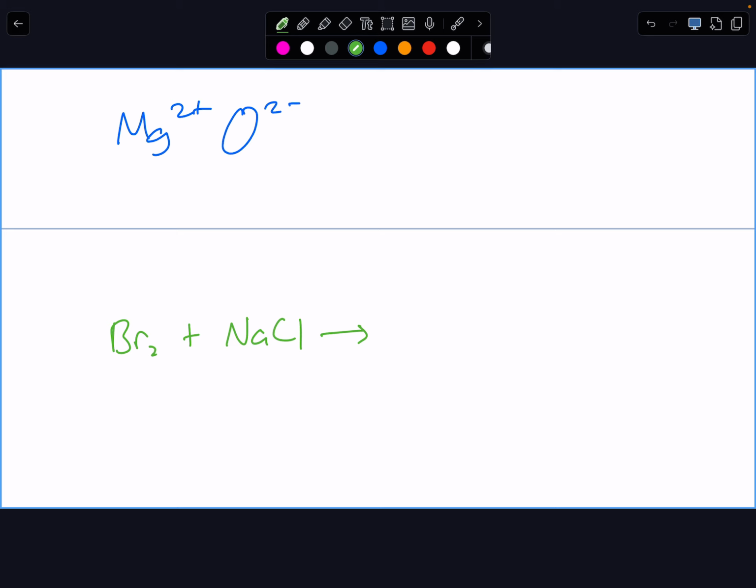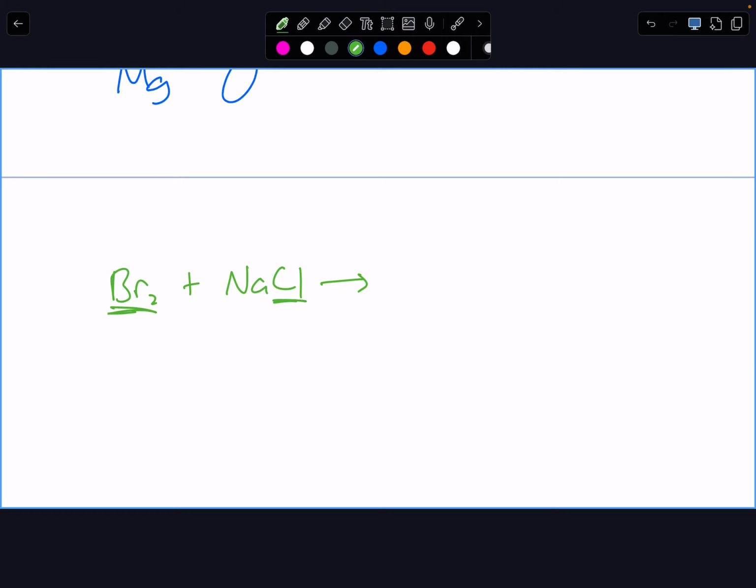The lonely element. Non-metal replace non-metal. So bromine is replacing Cl? Isn't Cl replacing bromine? No, the lonely guy replaces the not lonely guy. So I need the chart.